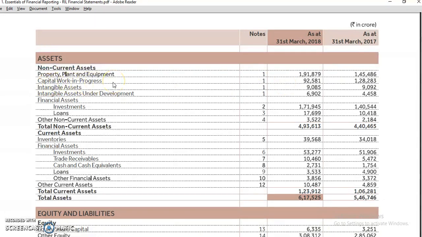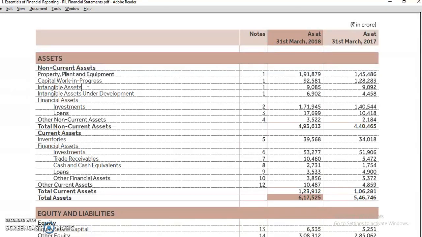Now the next line is intangible assets. Intangible assets means the assets or rights or patents which you cannot see physically. They are not tangible. You cannot touch them or feel them, but they are your rights. Most of the time, intangible assets include your goodwill, your patents, your brand value, your trademarks.